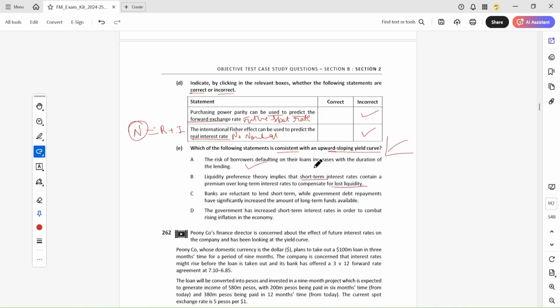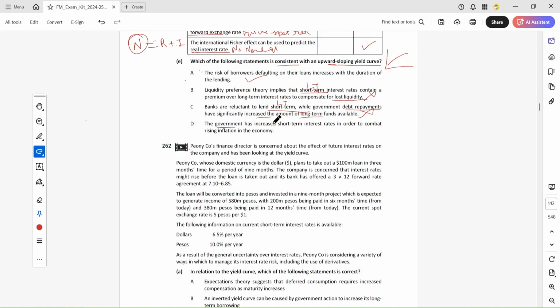No, it is the long term over the short term, so this is incorrect. Banks are reluctant to lend long term because in the long term they have more risk, so this is incorrect.